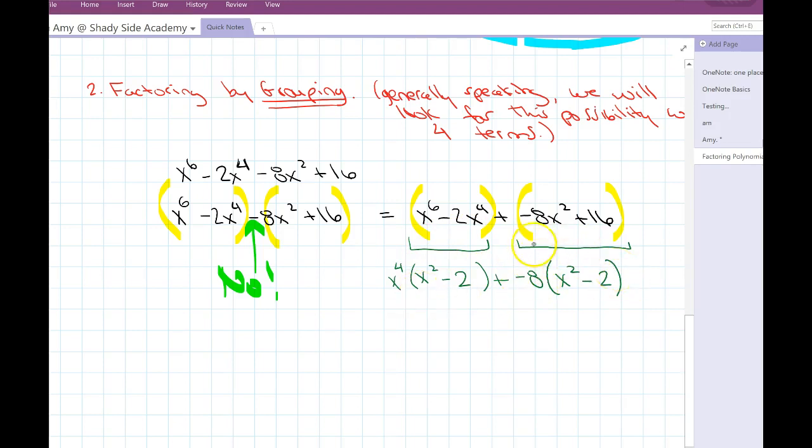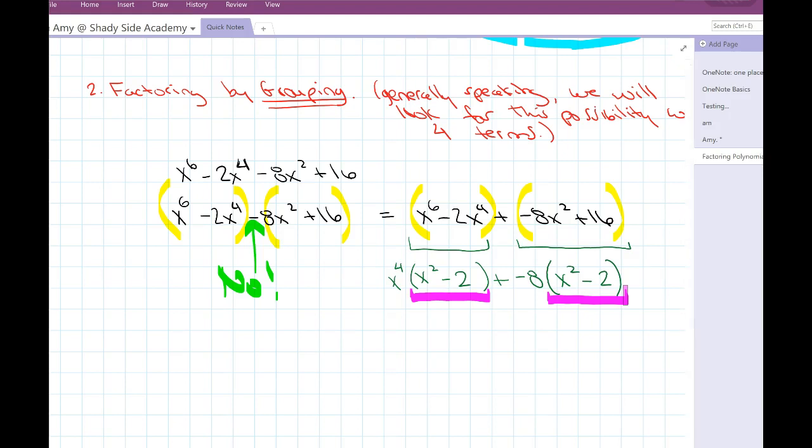Now, some of you would say, why did you think to take out -8 here? Why didn't I take out +8? And the answer is I could have taken out +8. And if I factored out +8 instead of -8, I would have had -x squared plus 2, okay? So I was thinking ahead of myself. I saw that if I factored out -8, what would remain here is this. I would have this in common, so that's why I thought ahead and said I'm going to take out -8.